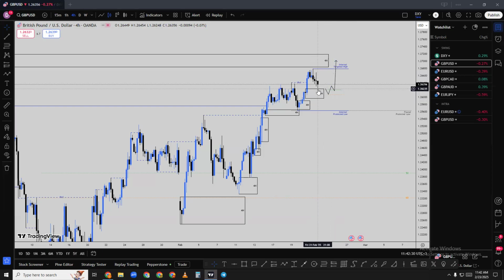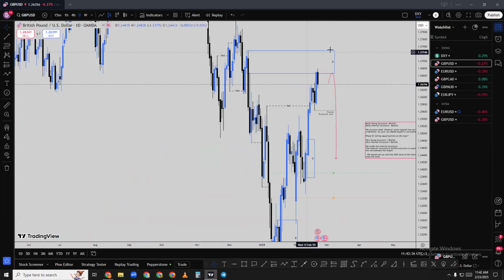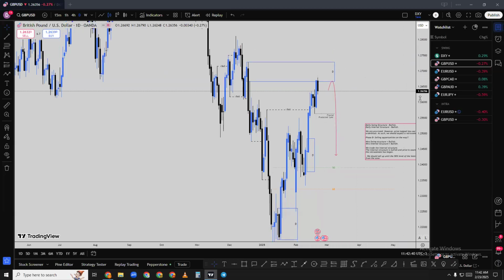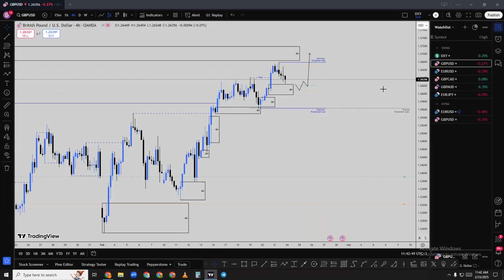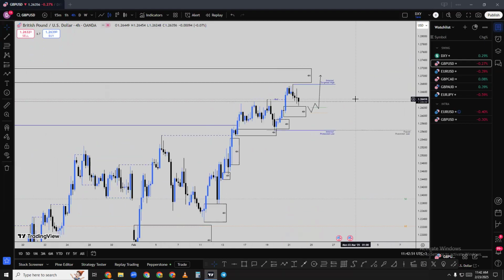But at the same time, as long as price will not violate or close above this daily supply zone, I think the buys are feasible, or the buy side is also a good probability.